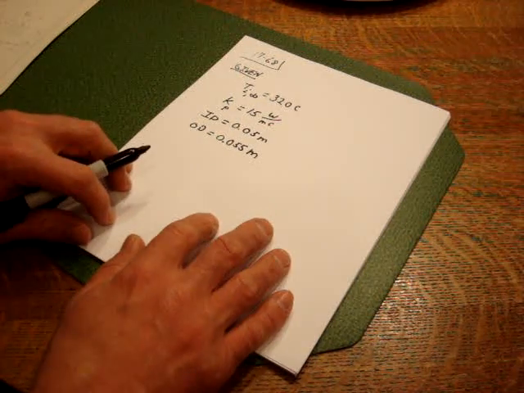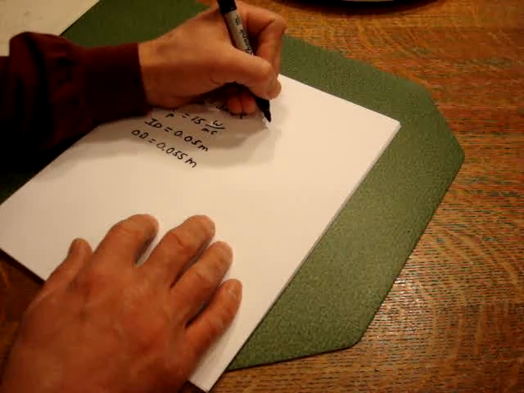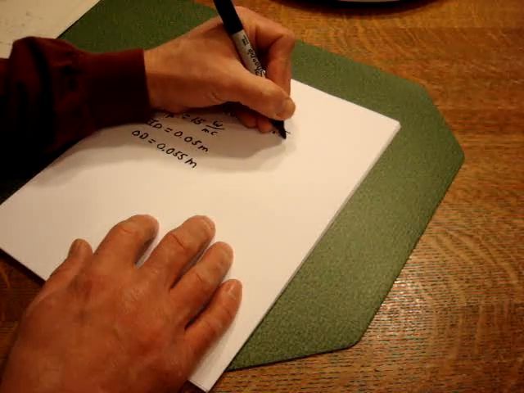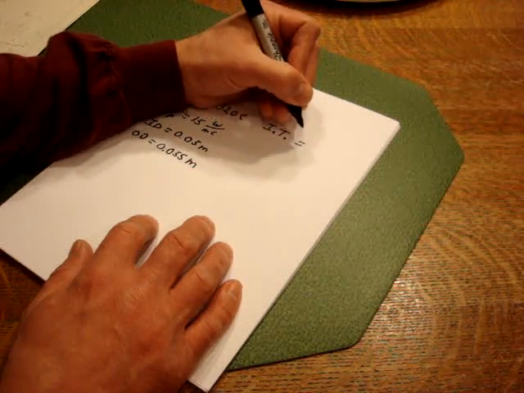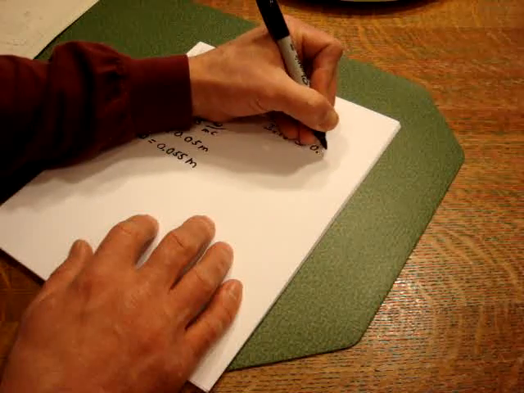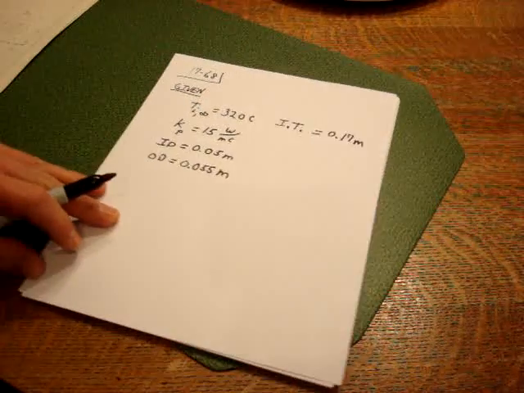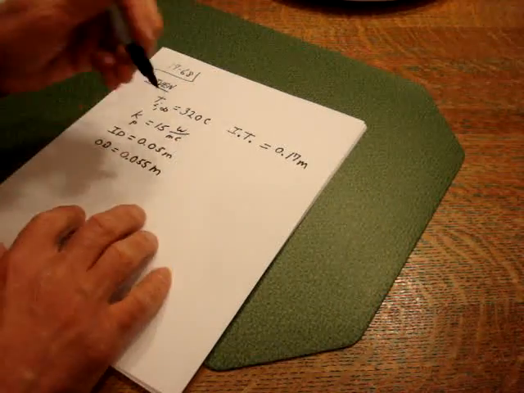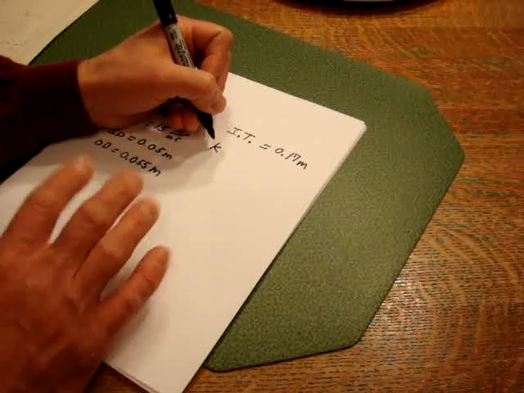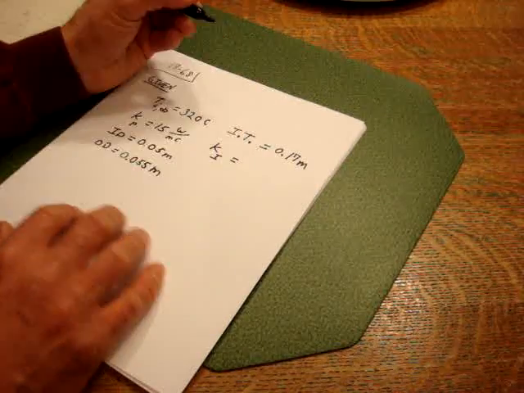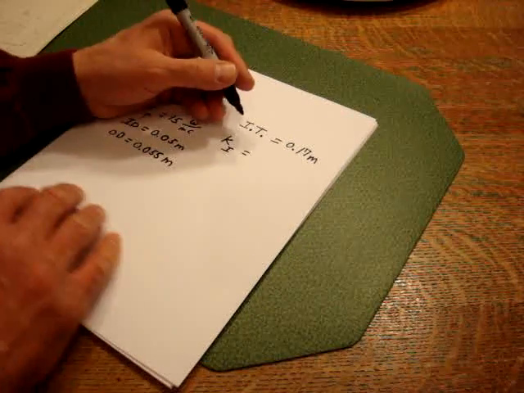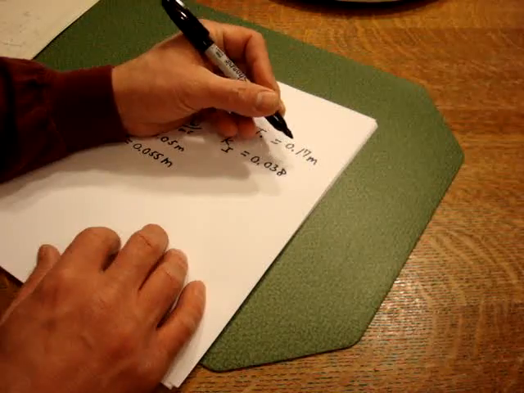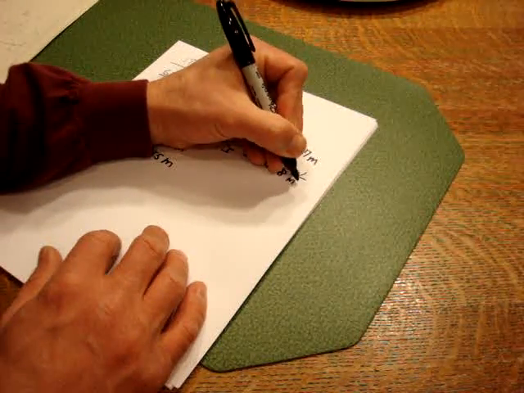The thickness of the insulation, I'm just going to call it IT for insulation thickness, is equal to 0.17 meters. The conductivity of the insulation, we'll call this K sub I, is equal to 0.038 watts per meter Celsius.